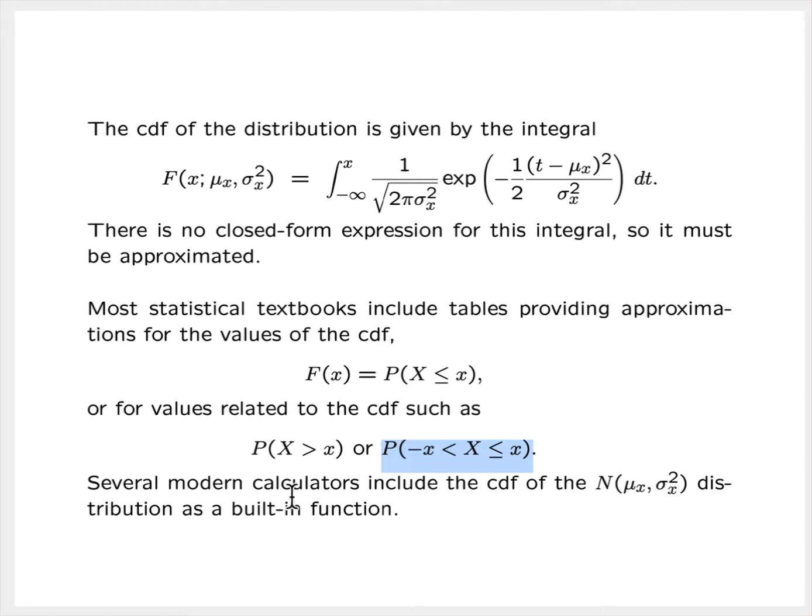In addition, as I mentioned, several modern calculators include the CDF of the general normal distribution as a built-in function. And as an example, the TI-36X Pro has the normal CDF built in, and so does the TI-84.